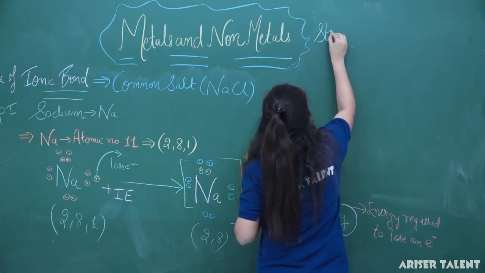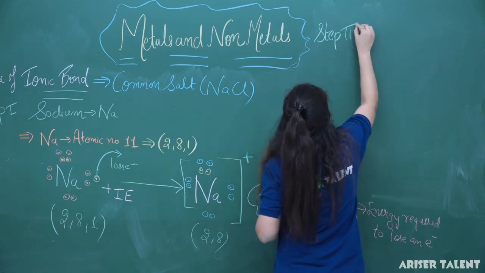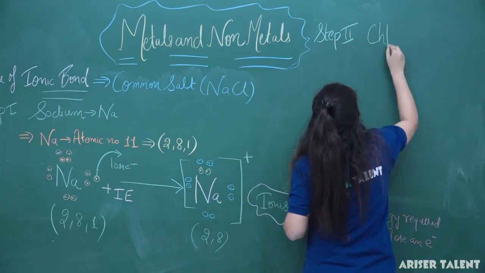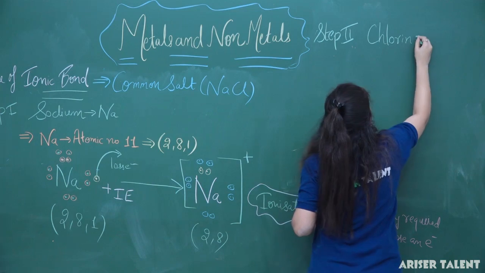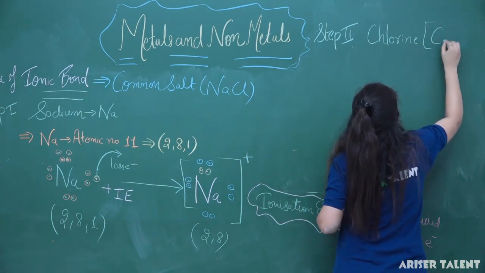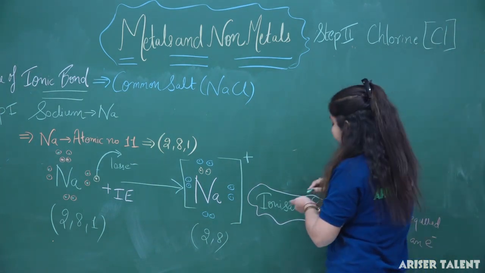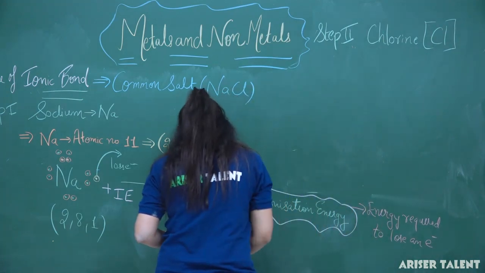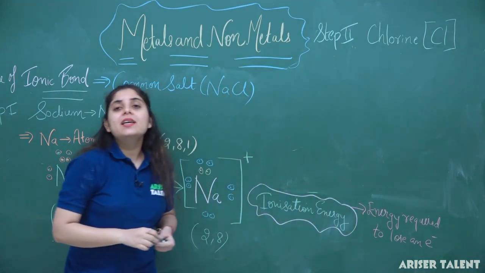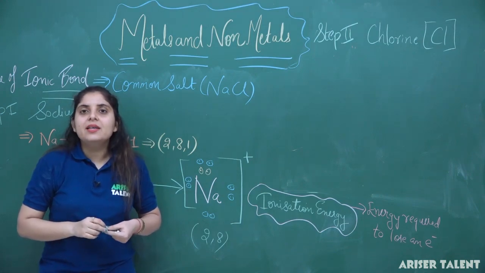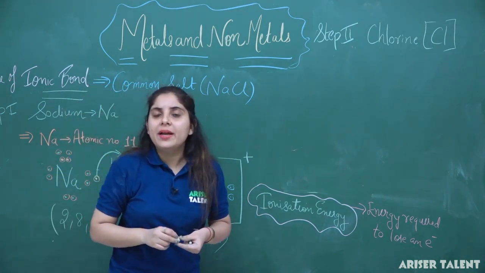Now our step number 2 is sodium combining with chlorine, and chlorine has the symbol Cl, capital C, small l. Now we can see here chlorine has atomic number 17. Its electronic configuration is 2, 8, 7.